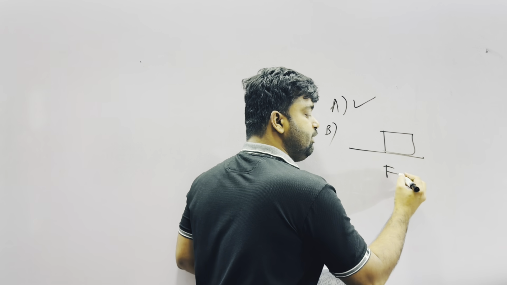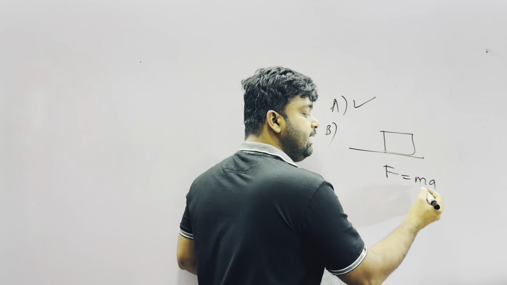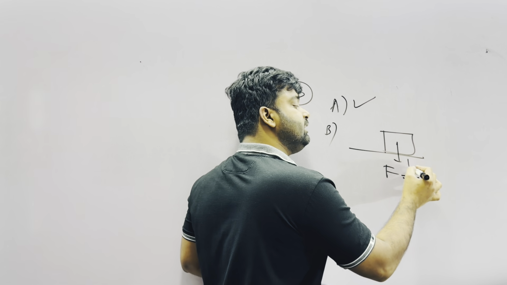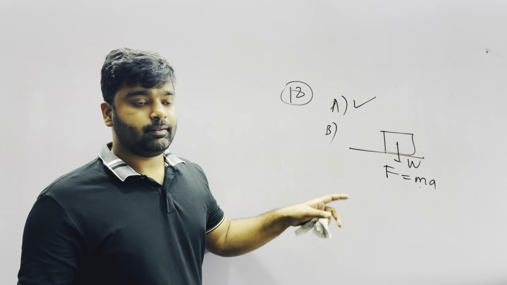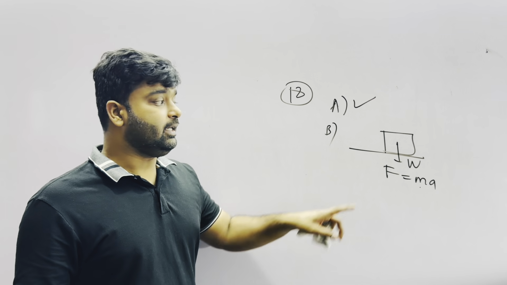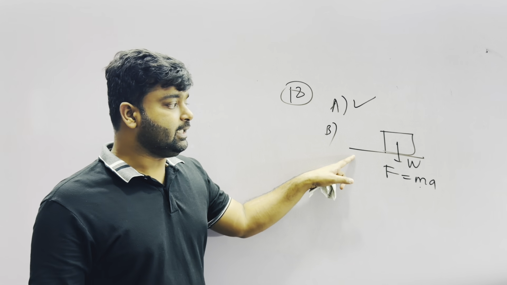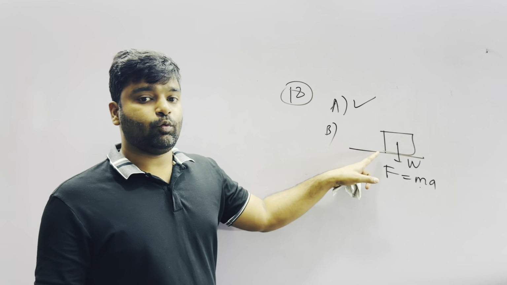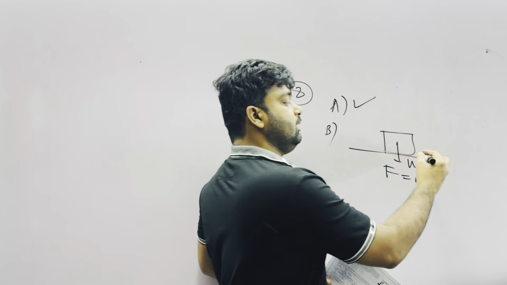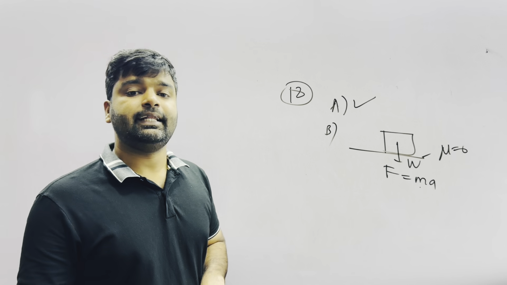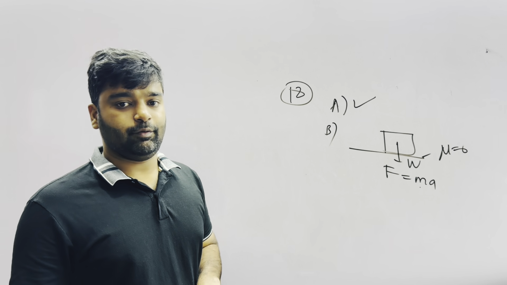Because we are applying F is equal to ma, it only depends on the inertial mass, it is independent of the gravitational weight or mass. It's independent of gravity unless there is friction. If there is friction, the gravity affects. Otherwise, on a smooth plane, it only depends on the inertial mass and is independent of the weight or gravity.